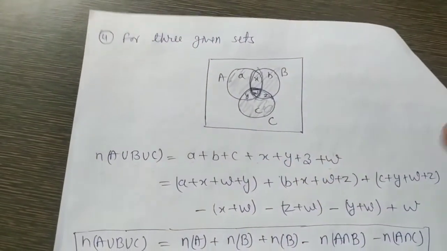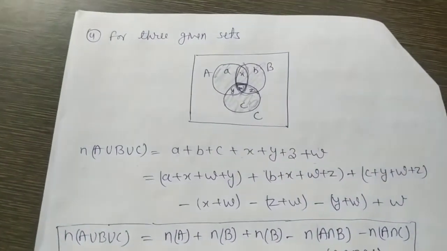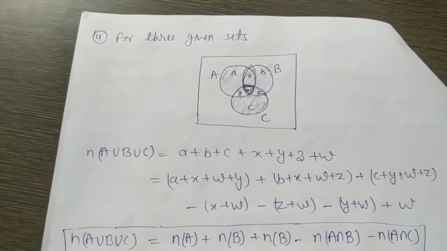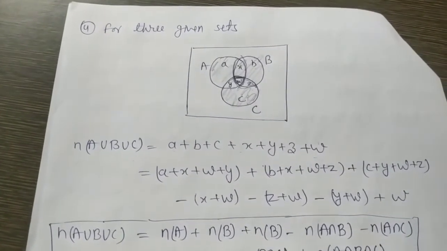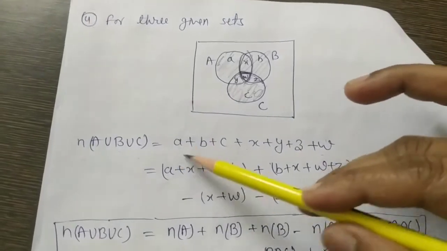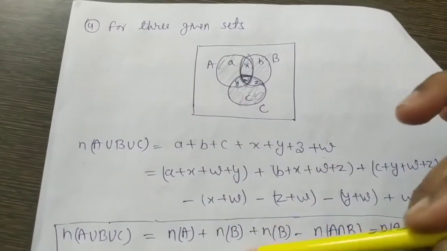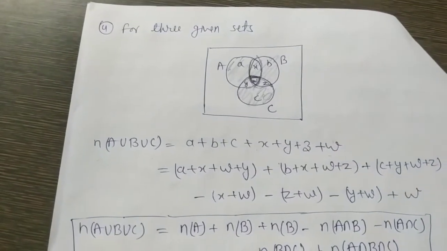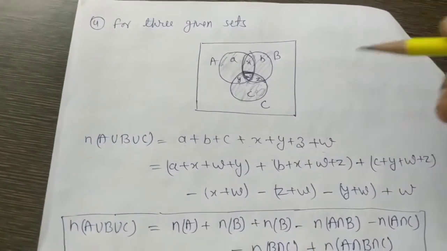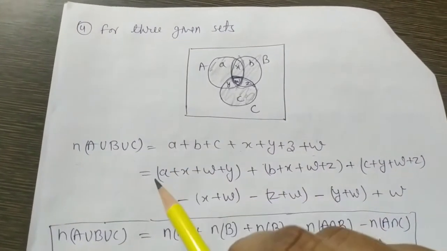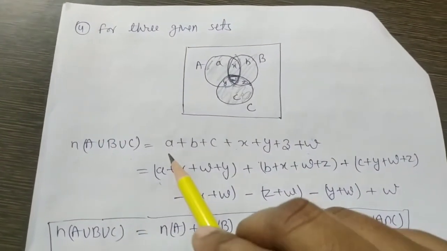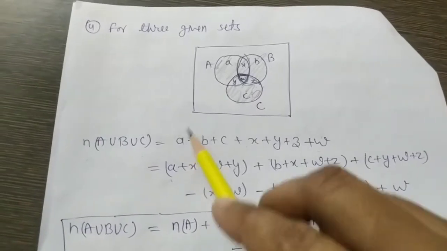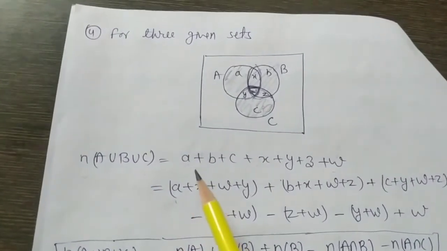Now to manipulate something, we will add some terms and subtract so that we can find all the elements in the term of number of element A, B, A intersection B, B intersection C and so on. First, to get A, number of element in A, I have made some changes here.